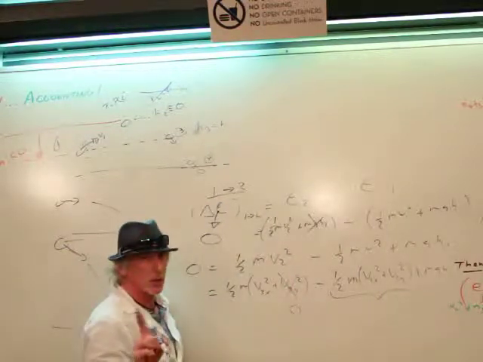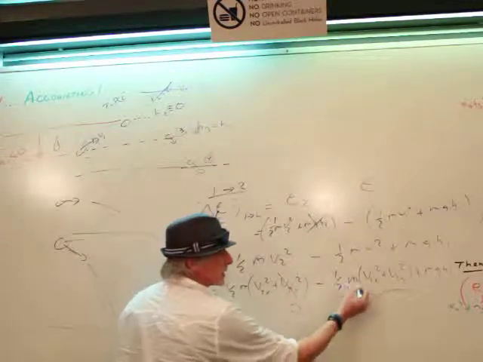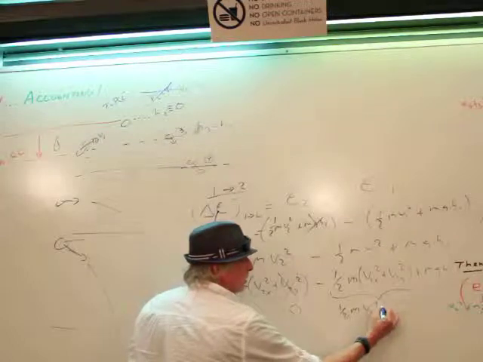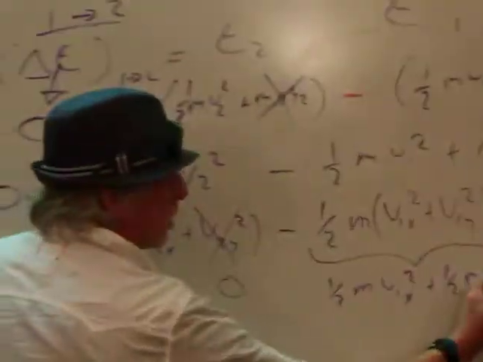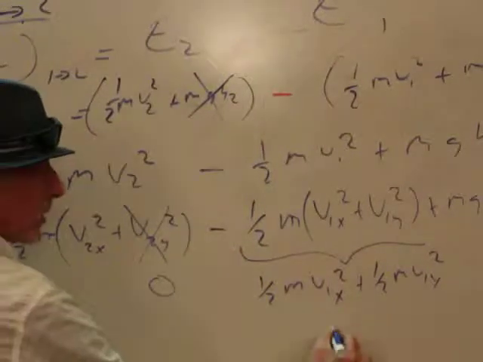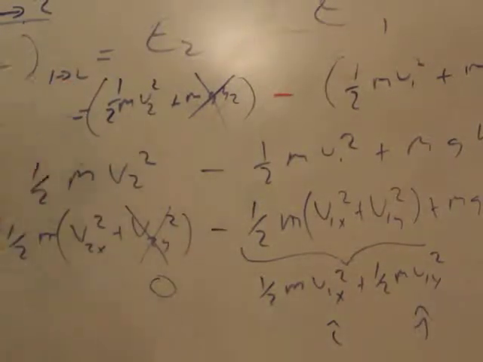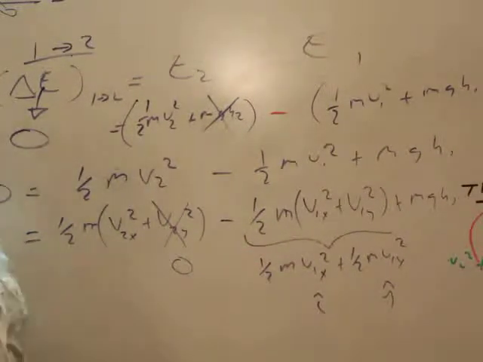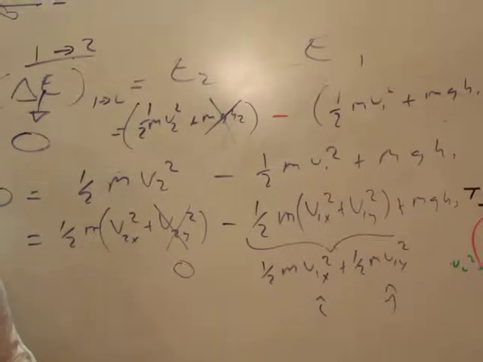So notice that here's a mistake. Don't do this. Now this is true, but don't put that times i hat and times j hat, because energy is a scalar, so it doesn't matter. You've got some from the x motion, some from the y motion, but it's a scalar, so you get to add it up.